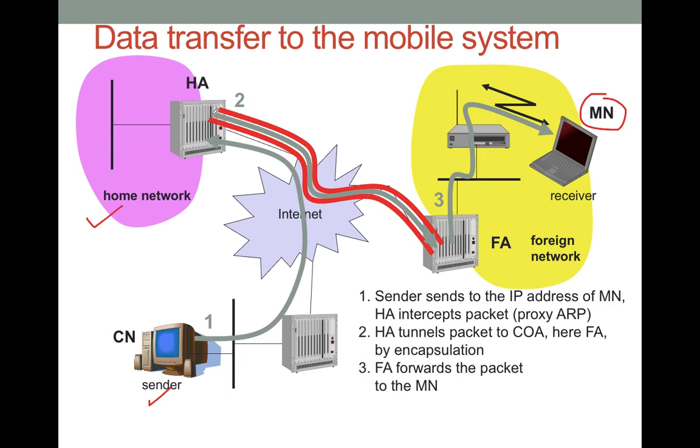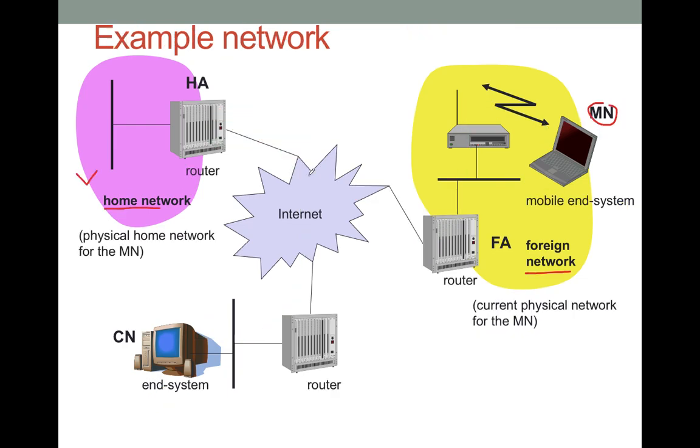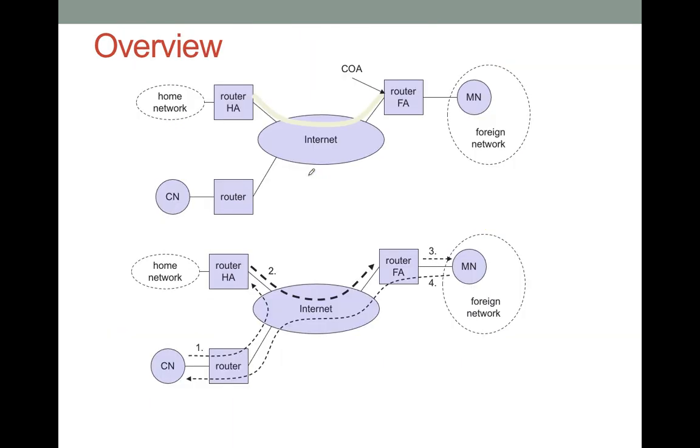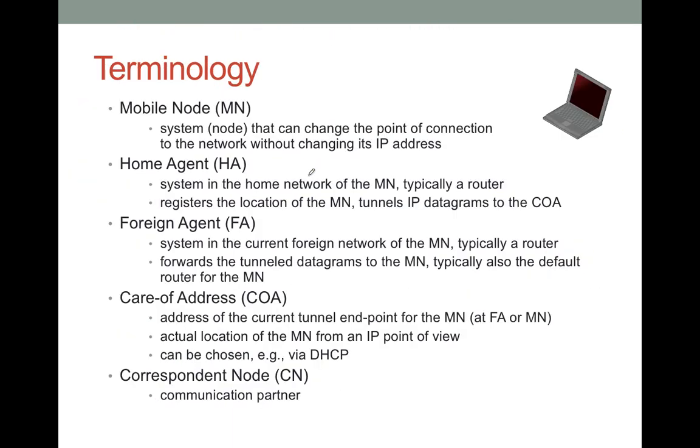They will tunnel the communication. The red one is the tunnel, because one of the functions of the home agent is to tunnel IP datagrams to the care of address.